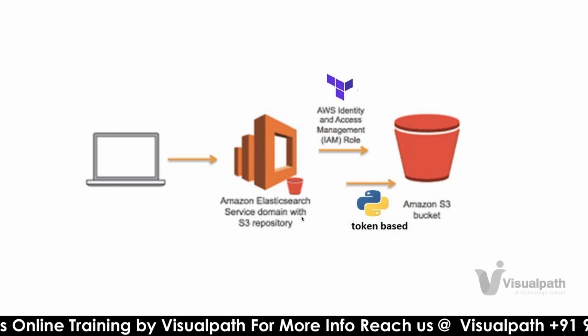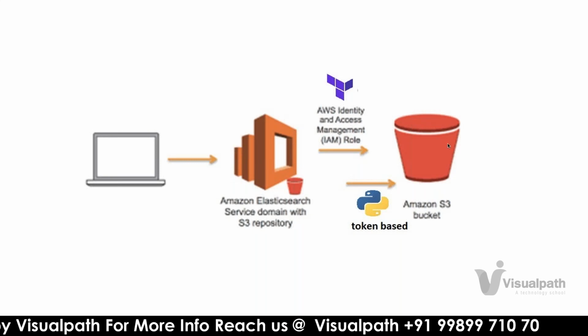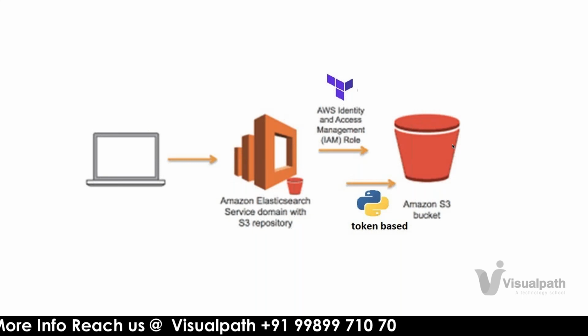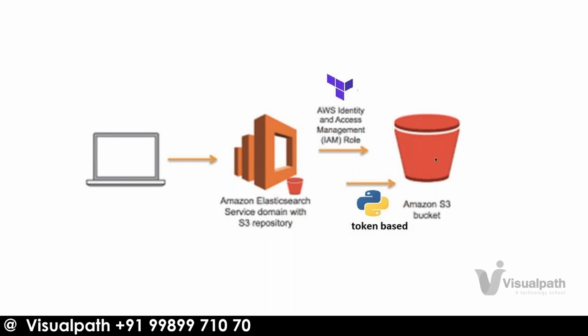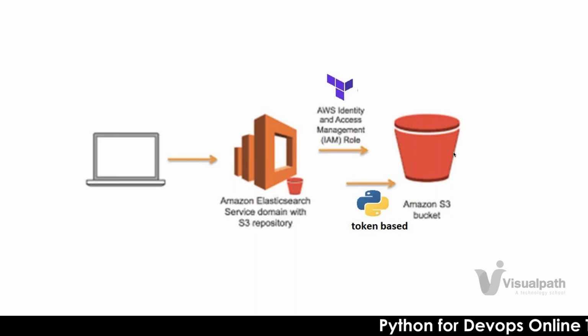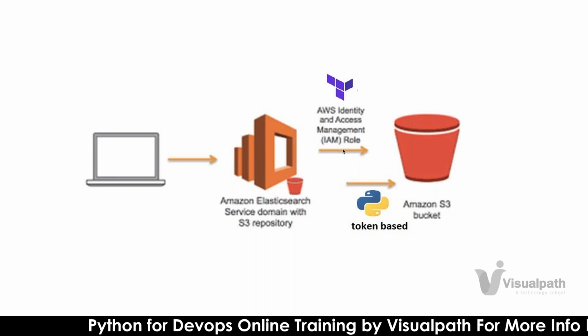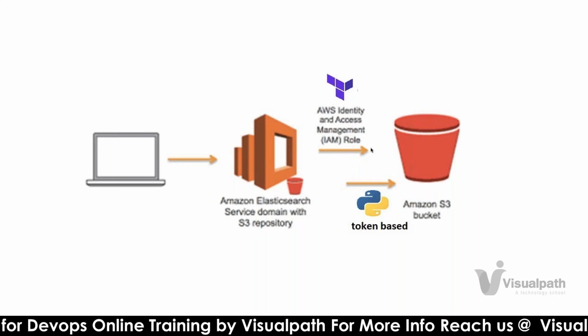Here I'm trying to say you have certain tools. When communication is required between certain tools, there will be some protocols. If you want an instance to talk to a storage, you need protocols which establish the connection.